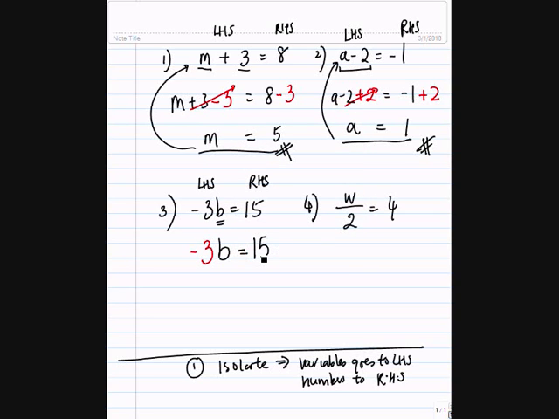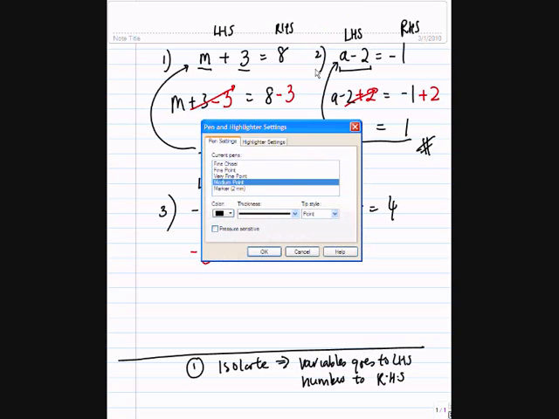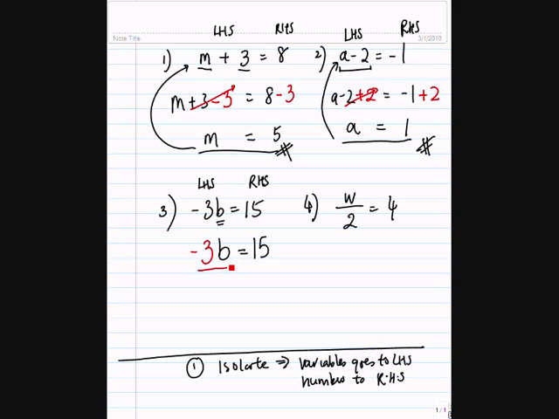So in order to get rid of the minus 3, I need to divide the left hand side by minus 3. Am I right? Because minus 3 divided by minus 3, I will get 1. So in order to make the equation balance, I need to divide by minus 3 on the right hand side.